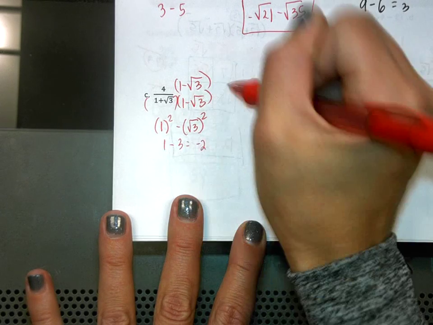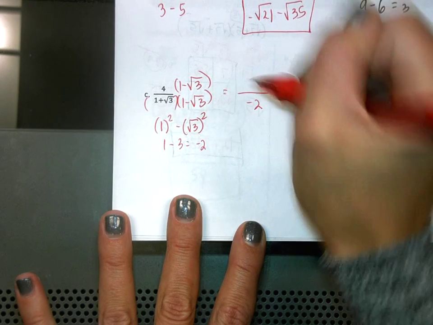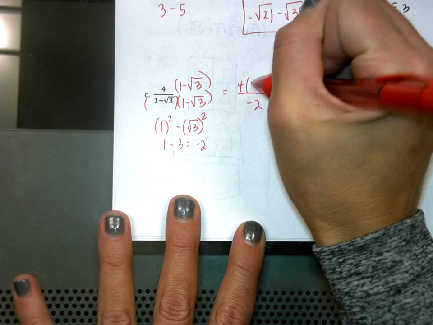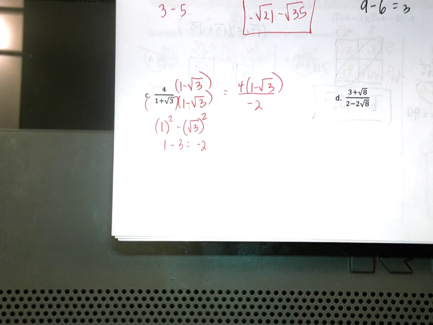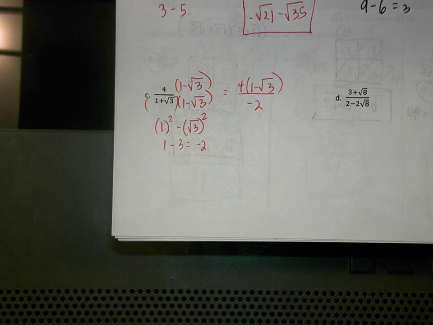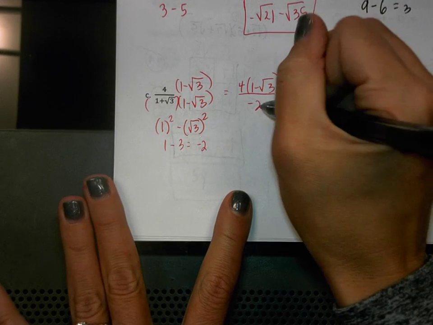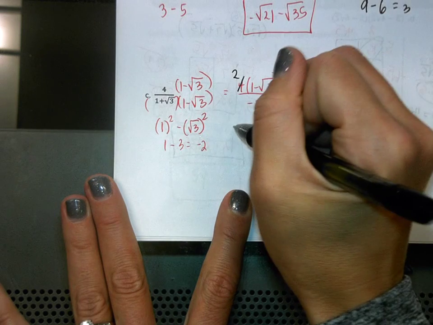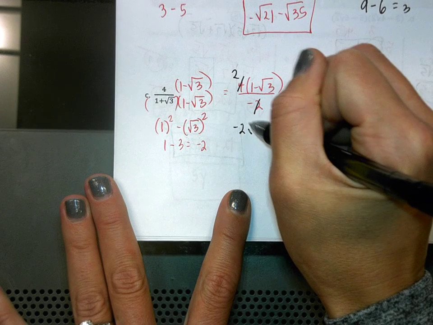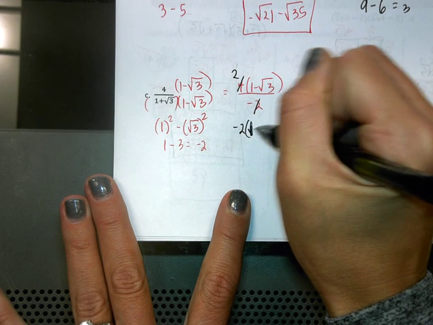So when I write this out, I have a negative 2, and here on top, I have 4 parentheses 1 minus root 3. Can I reduce here at all? Yes. So the 2 cancels, and 2 goes into 4 twice. So this now is negative 2, and then I have 1 minus root 3.